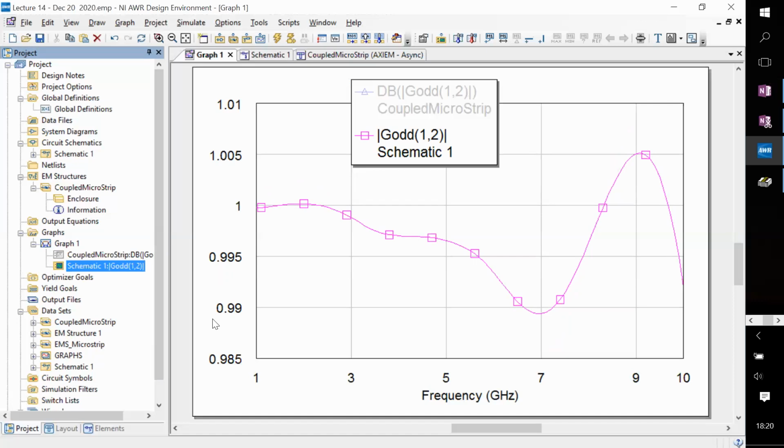Oh, the magnitude is positive, right? So it's more than 1. And? So what is magnitude greater than 1 implies? So you're getting more signal than you're giving in some way.